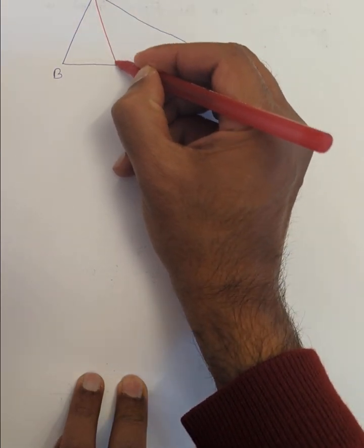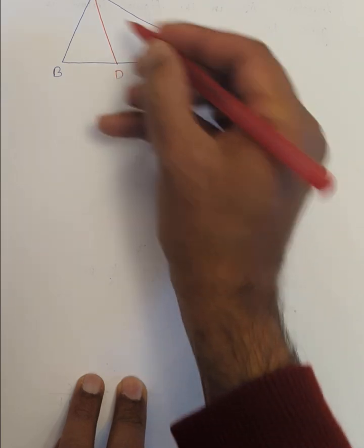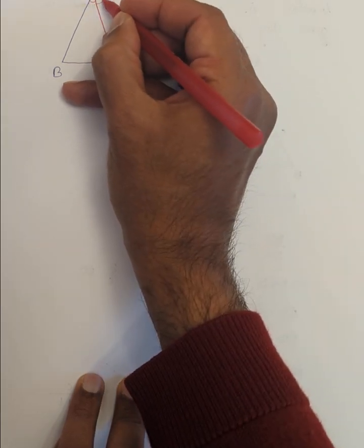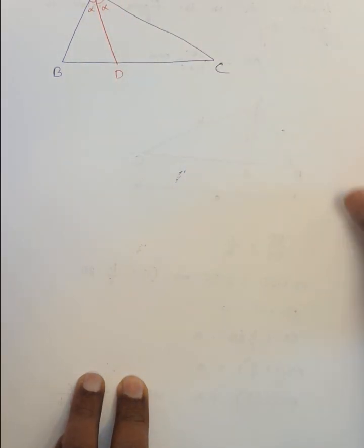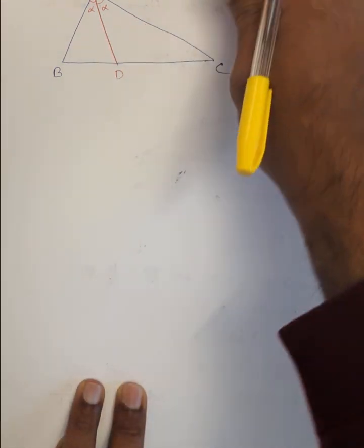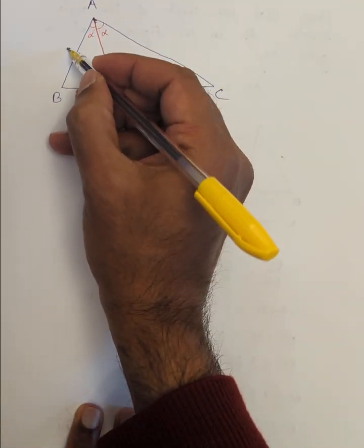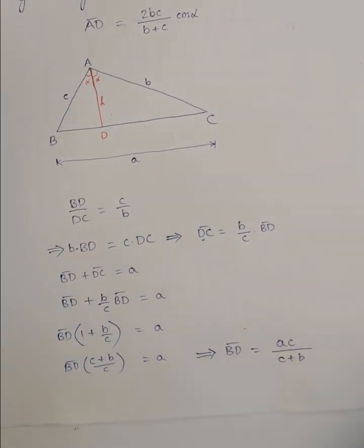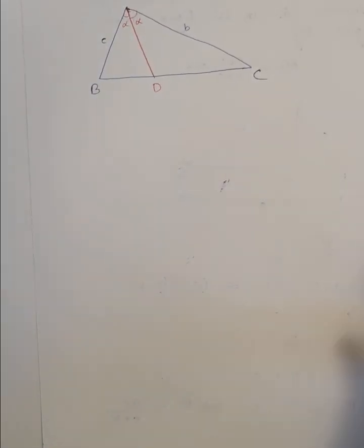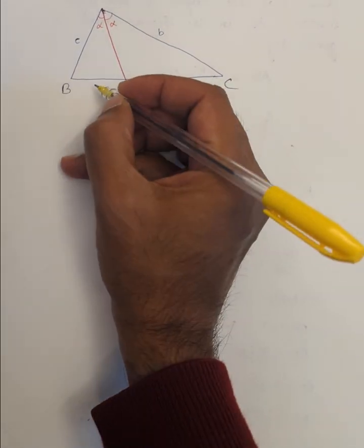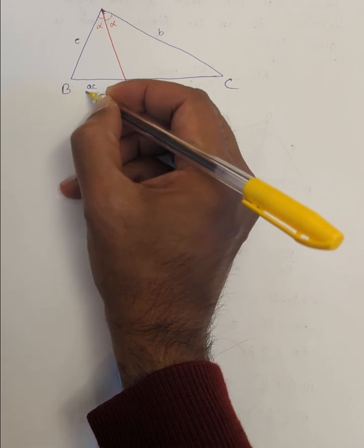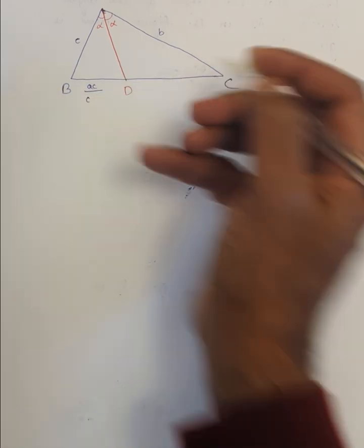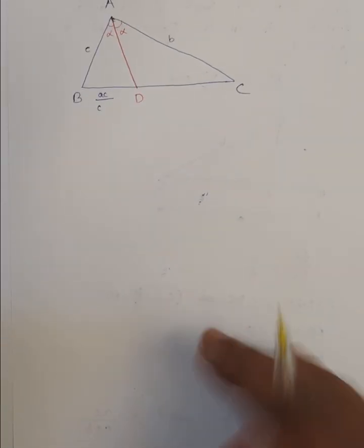That was D. Each of these angles was alpha. This is denoted by C, this is denoted by B, and BD was AC over C plus B. So let's write that down: AC over C plus B.